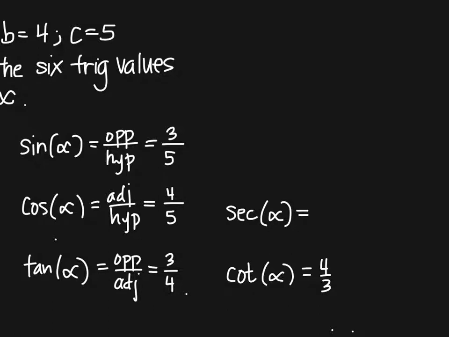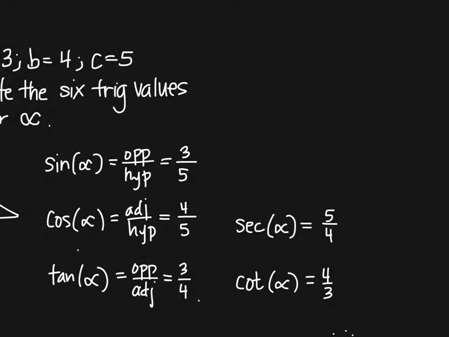Those two go together. If it was 4 over 5, now it's 5 over 4. And then alpha for cosecant, CSC. If it was 3 over 5 for sine, it must be 5 over 3 for cosecant.